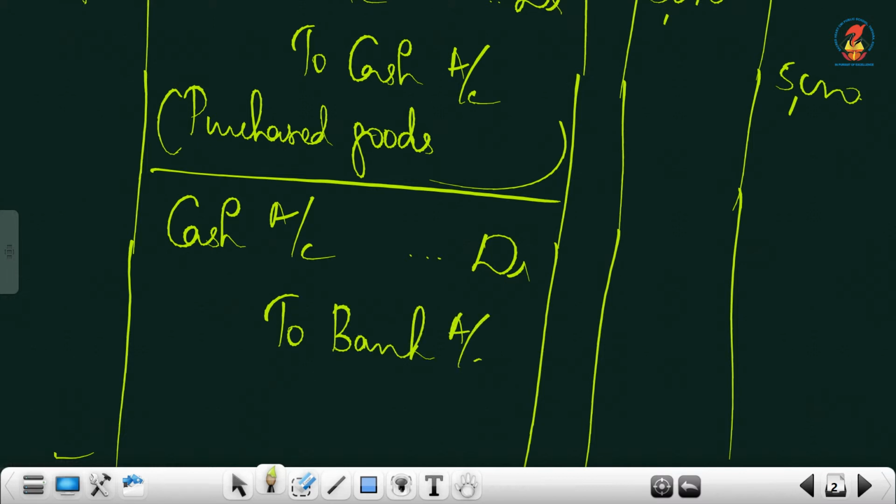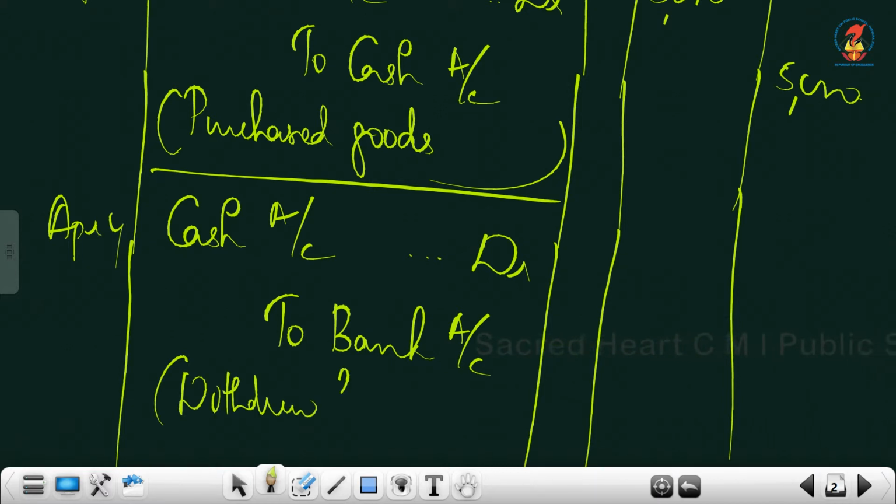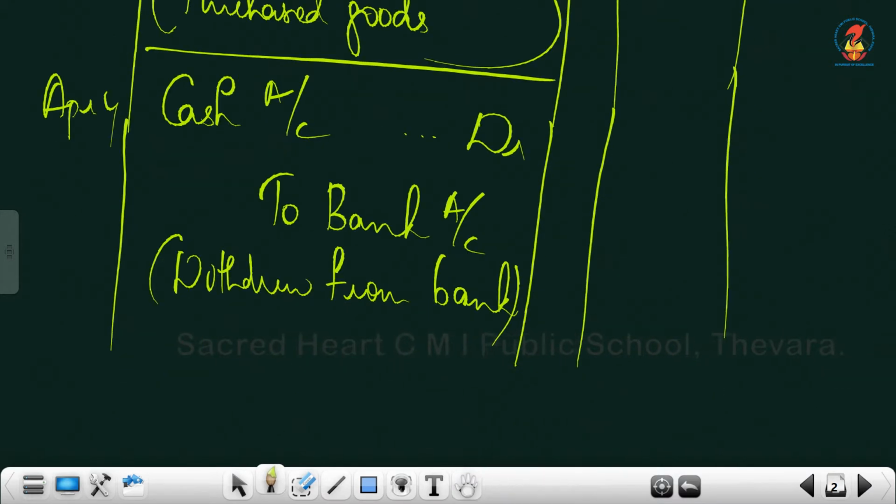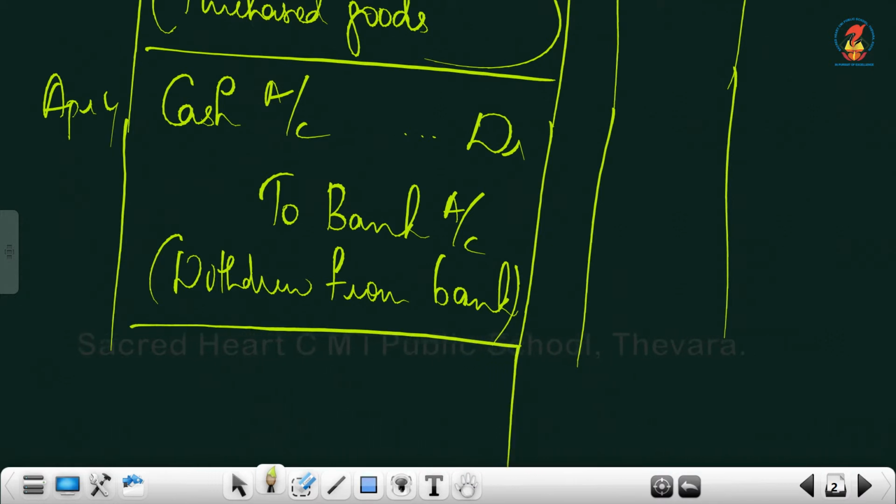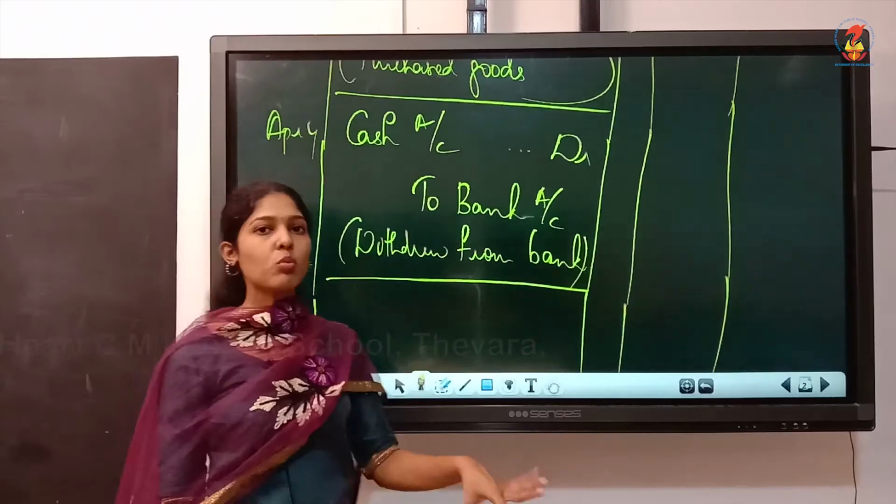Understood? Cash is coming into the business because we are withdrawing from bank. Date April 4th. Every time you have to see the date and write. So withdrew from bank, you write. But if it is mentioned like for personal use, you must debit drawings account. Suppose in the question nothing was mentioned.